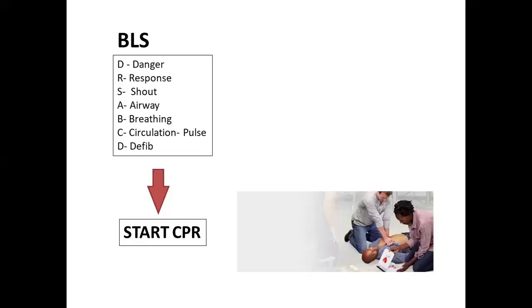Open the airway and look whether the patient is breathing or not, and check the central pulse, basically the carotid. If there is no breathing visible and no palpable central circulation, that means no carotid pulse, your clinical diagnosis is cardiac arrest.